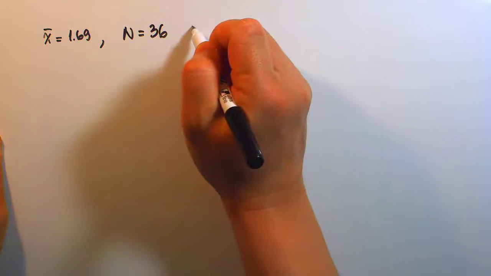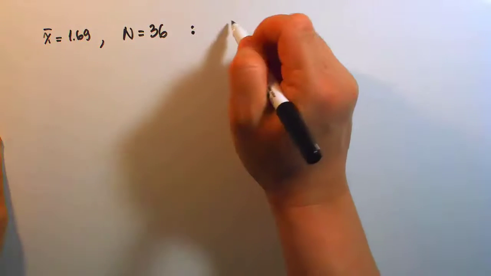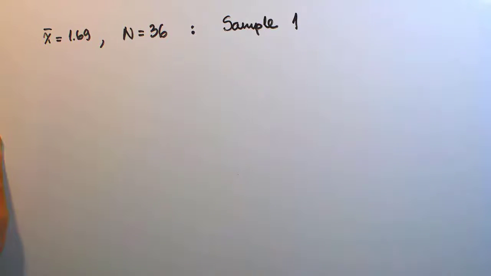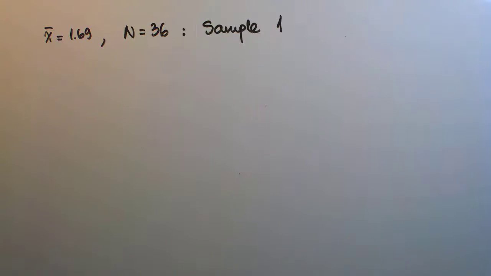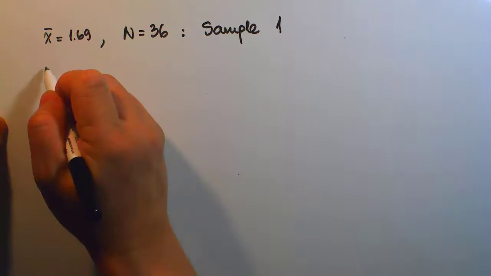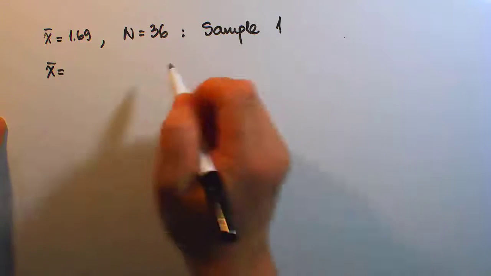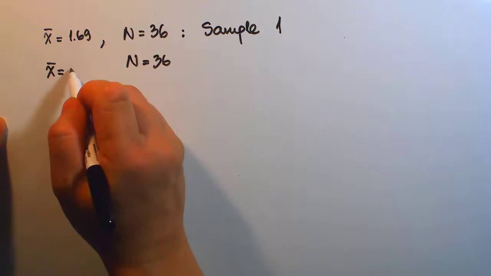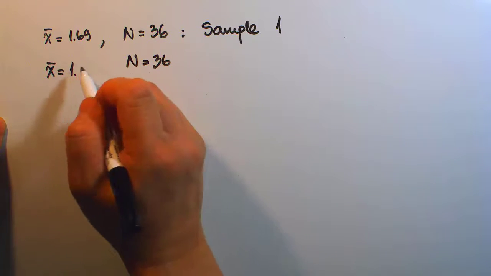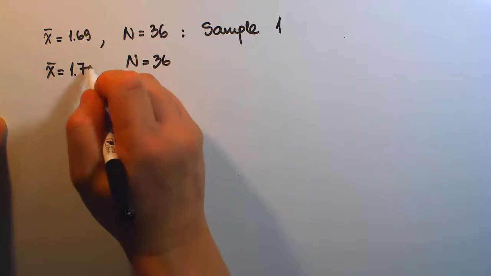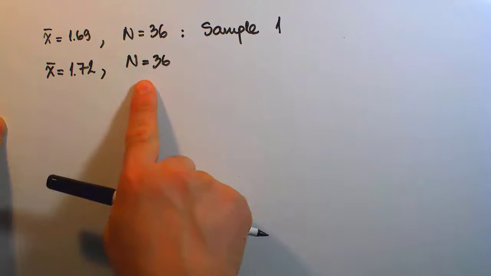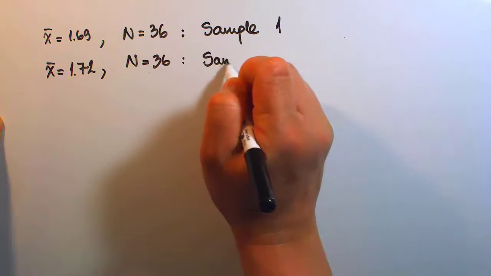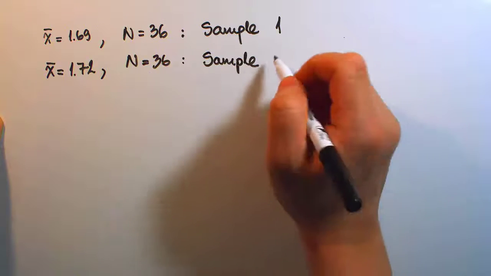So formally, let's call this sample 1, because that was our first sample. Then we made another attempt on another 36 prices, and we found the mean value in that second sample to be $1.72. With the same sample size, in the sequence of work, this is sample 2.